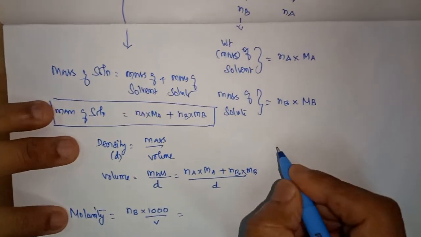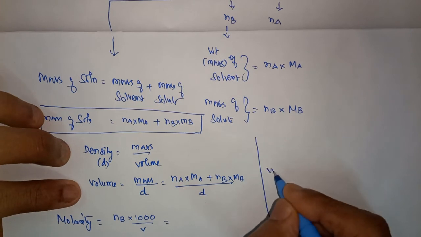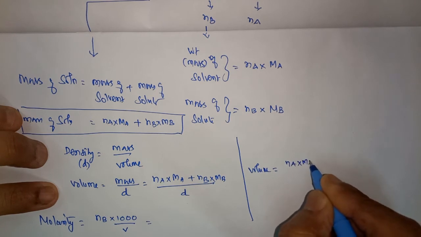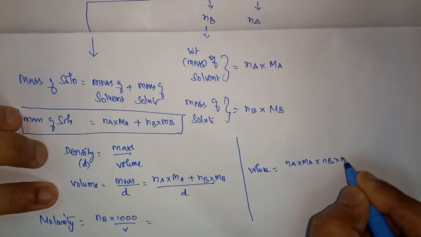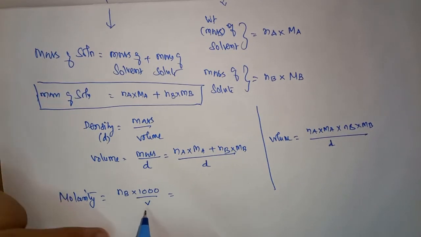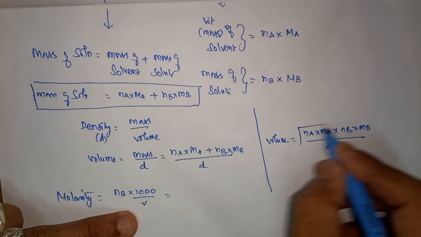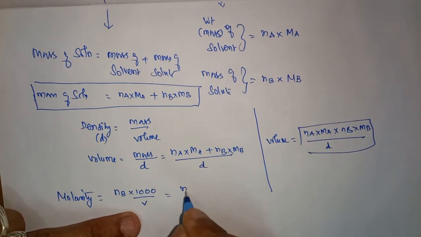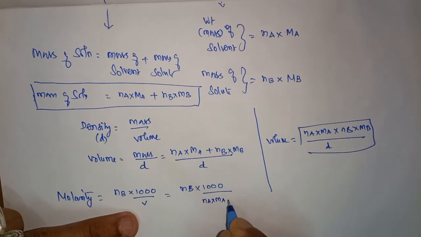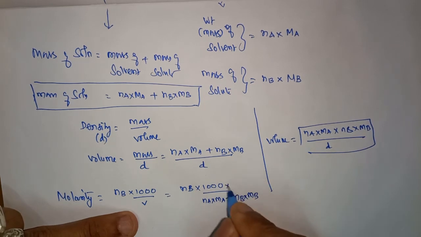From this I take the volume. Here volume is equal to Na into Ma plus Nb into Mb, whole divided by D. I want to know the volume, so for volume I write this term by D. So I write Nb into 1000 whole divided by V, where V is Na into Ma plus Nb into Mb whole divided by D, and I take D this side.